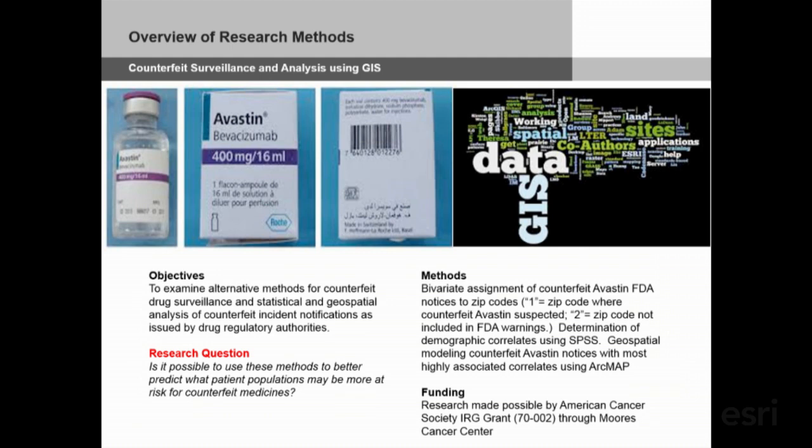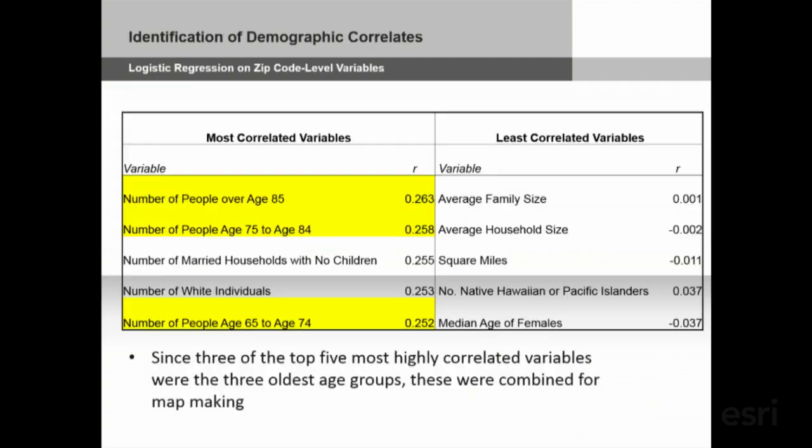So what we wanted to do is use those notices and look at where they had been distributed, and then look at geographic correlates to see if they were associated with some type of risk behavior. So we geocoded for all the zip codes in the US, approximately 30,000, and then the zip codes where counterfeit Avastin notices were sent, and then we did some multivariate analysis to determine what demographic variables were associated with getting a notice.